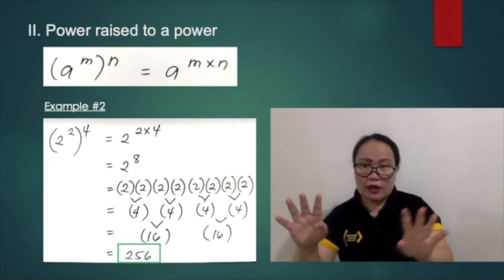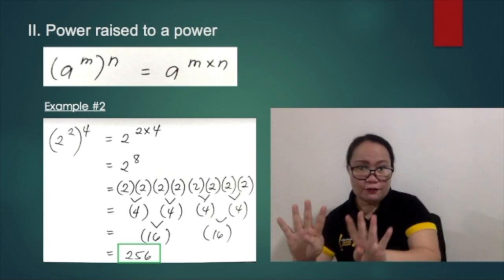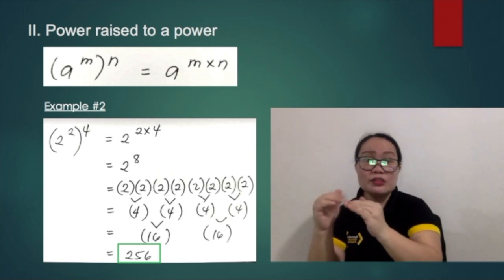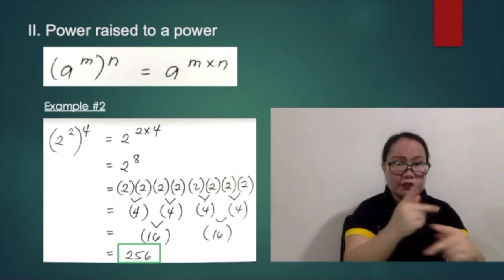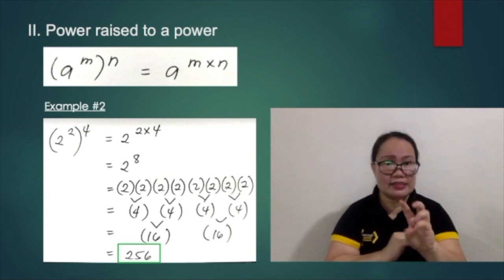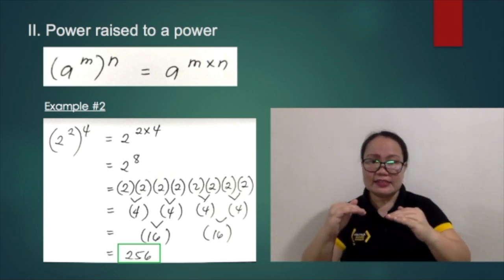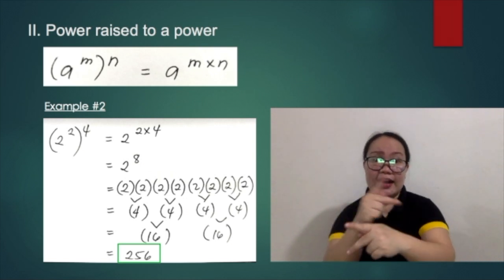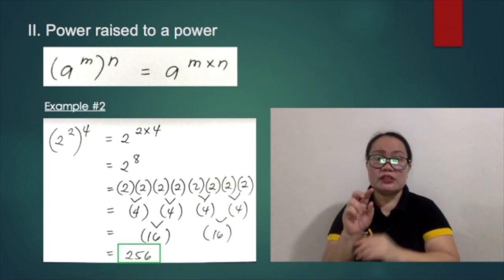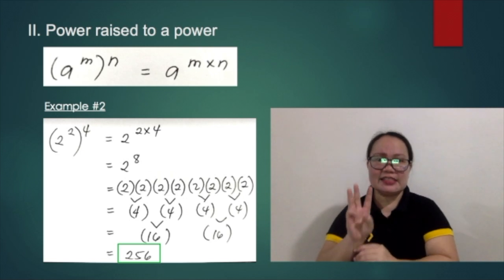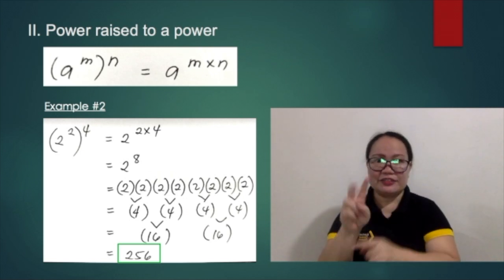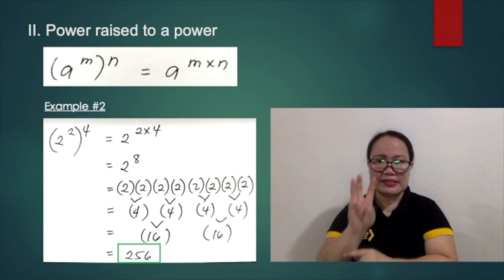So simply multiply the 4 and 4 equals 16, and the other 4 times 4 equals 16. So the final step is 16 times 16 equals 256. That is the final answer, 256.